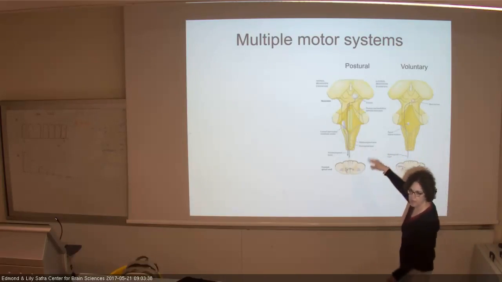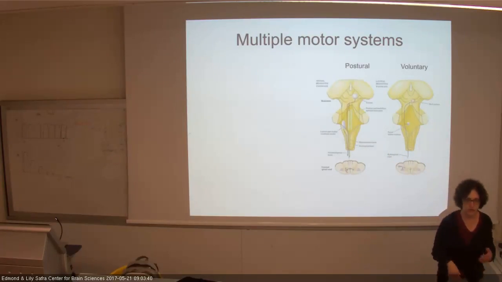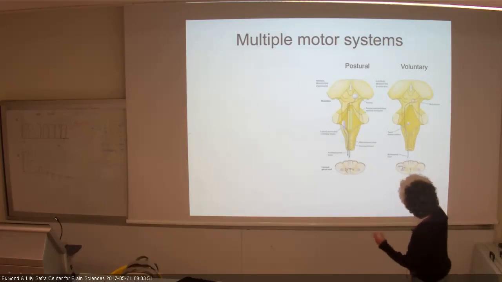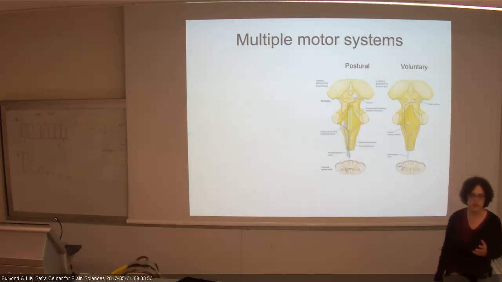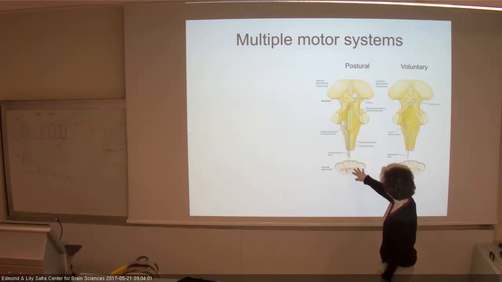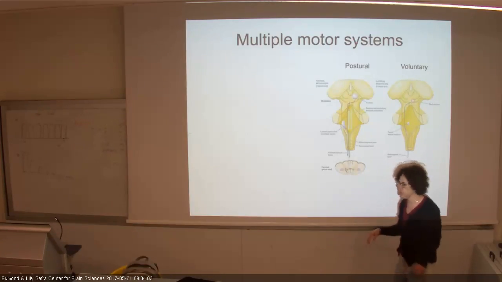Most of the brainstem pathways, or the medial pathways, and we described about 3 different pathways, are actually postural control systems, right? The vestibulospinal, the reticulospinal, and the tectospinal are pathways involved with controlling posture and balance. The spinal termination at the cervical level is on the medial sides of motor neurons.